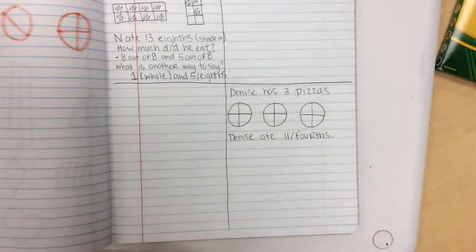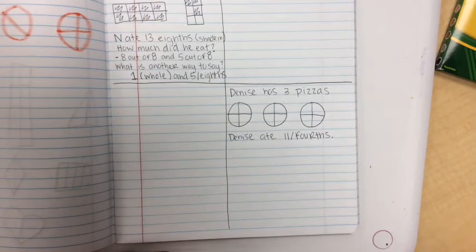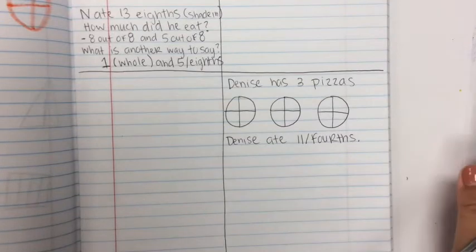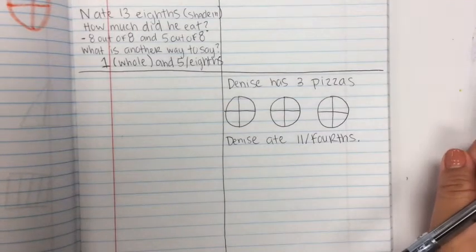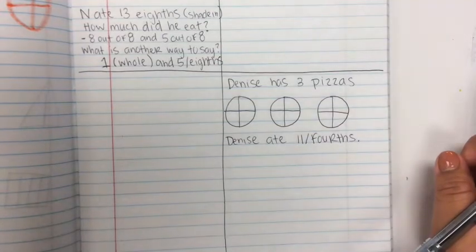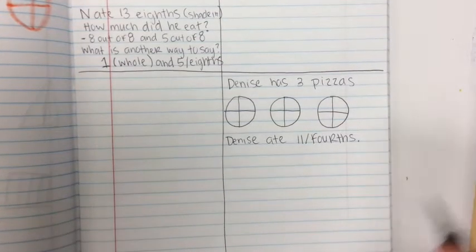So what does that mean? That Denise ate 11/4? How do I represent that she ate 11/4? What do you think, Denise? Shade them in. How many am I going to shade in? 11 pieces.